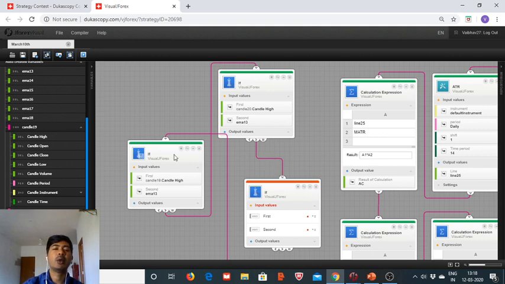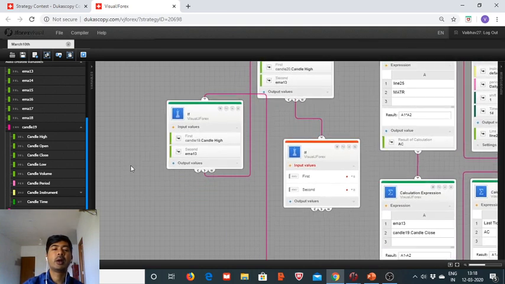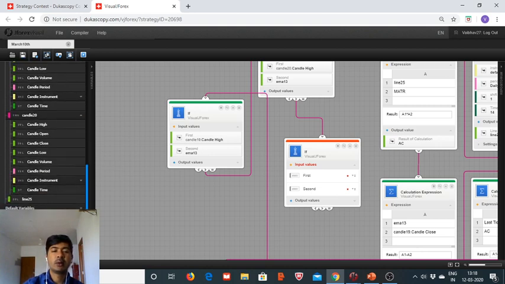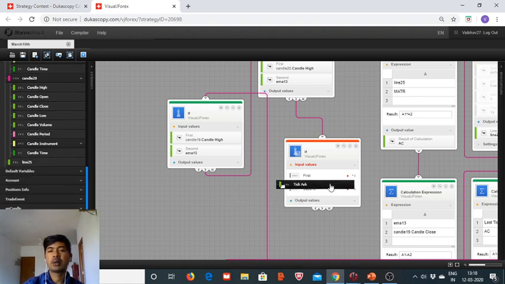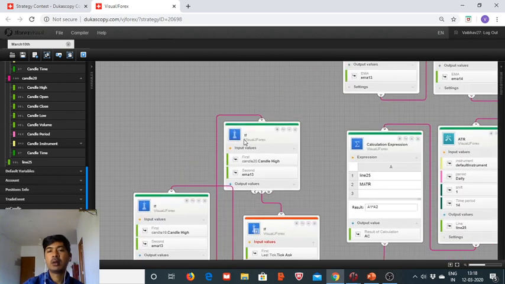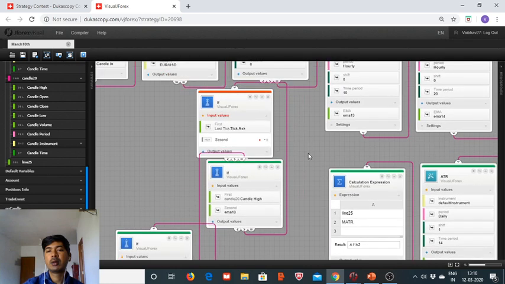The last tick value, when the order is going to be placed, needs to be less than the EMA 10. Last tick value, and here we take the tick off, which needs to be less than the EMA 10.